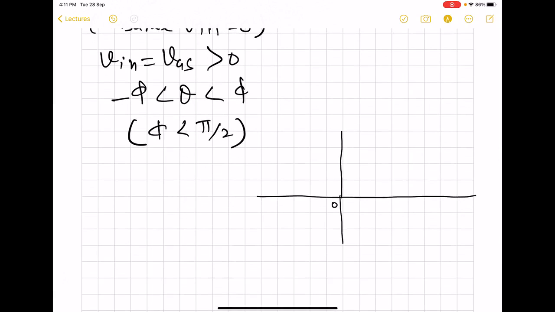So this is our 0 line. So in this case, our DC is here. This is minus VGS. So now my input is going to oscillate about this line.